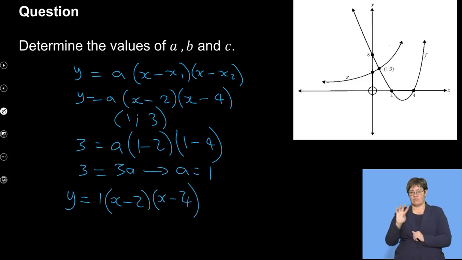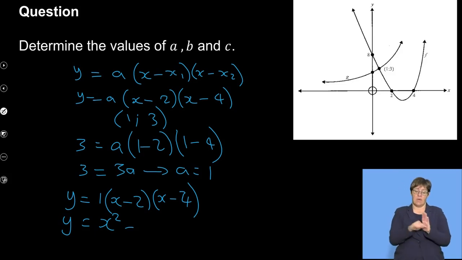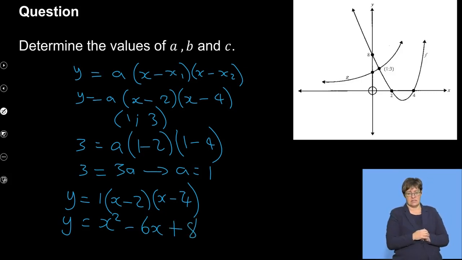If you FOIL this out, then it will give you your a, b, and c. Already we know a, right? We just need the b and the c. So this will be y equals x squared minus 6x, and lastly plus 8, right? By the way, I hope you guys are clear on how to go about foiling this.